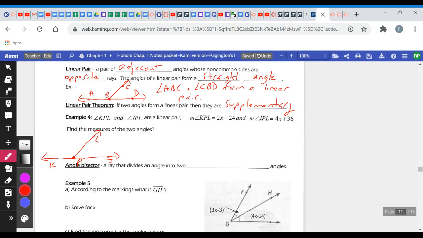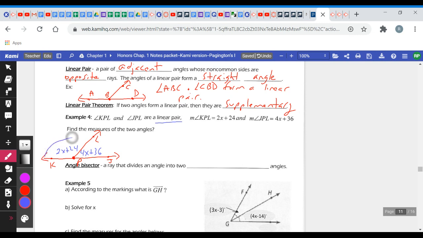All right, now I think it's helpful to go ahead and label the picture with the information that is given. I can see KPL is 2x plus 24, and JPL is 4x plus 36. Now, if it's a linear pair, I know that those two angles are supplementary, forming a straight angle.